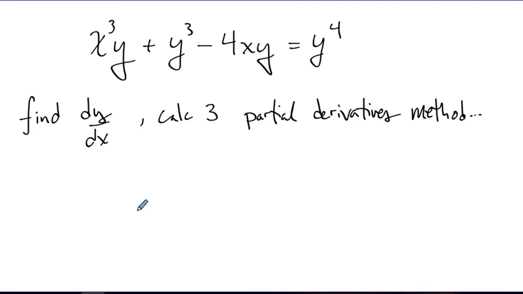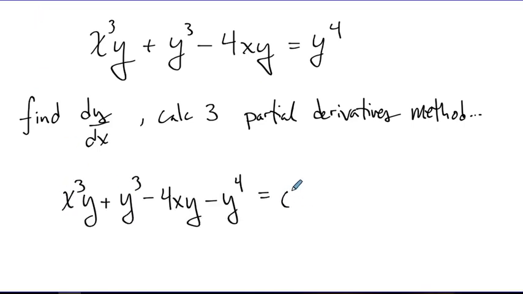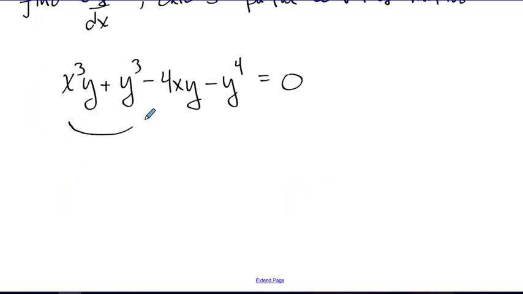So the first thing that we need to do in this method is to bring everything over to one side of the equation so that we have a new function of all of the variables involved equal to a constant. So rewrite it like this. Identify this as a function of all of the variables involved in the equation.